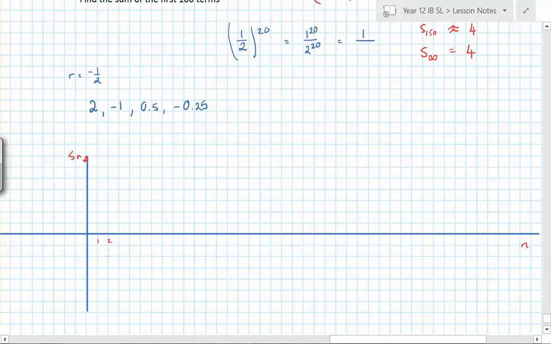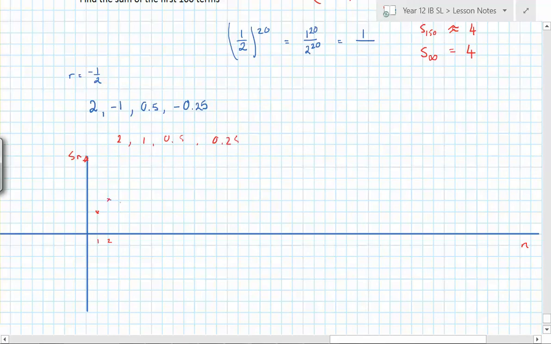Right, so the sum of the first terms. What is S1? 2. Okay, so I can put a mark. S2? No, not for this one, the original one, sorry, maybe my fault. The original one, so I've got 2, 1, 0.5, 0.25 and so on.